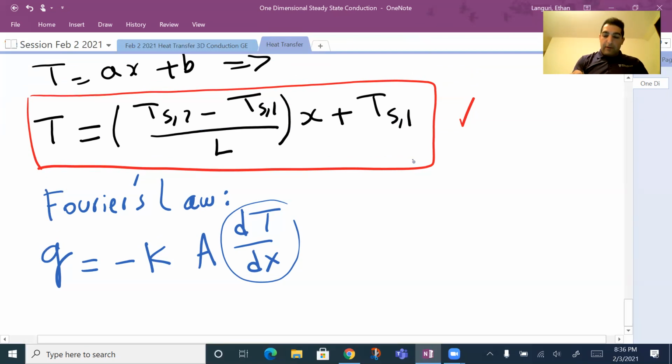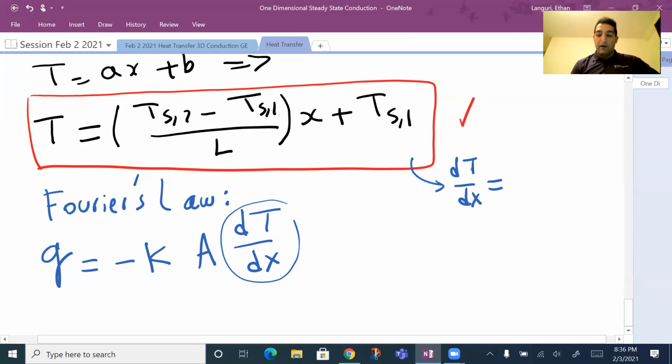So if I use this temperature and take the derivative of this with respect to x, dT over dx of this term is 0 because TS1 is constant, and the second term is a coefficient multiplied by x.